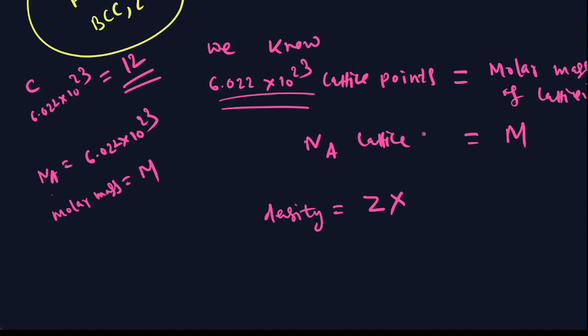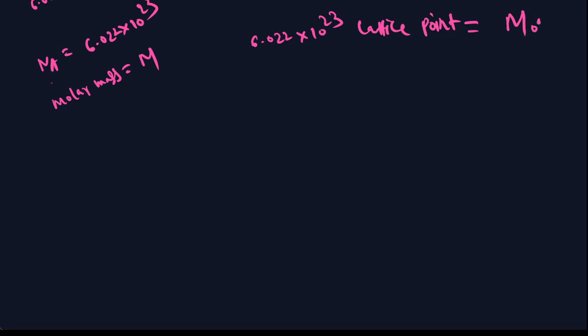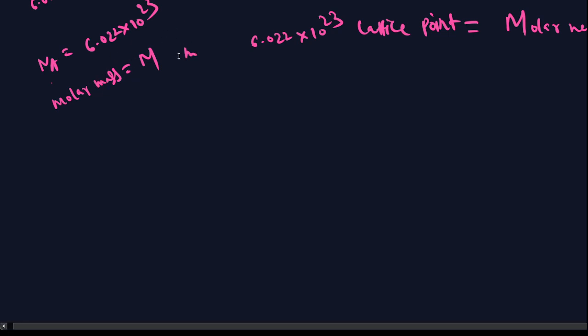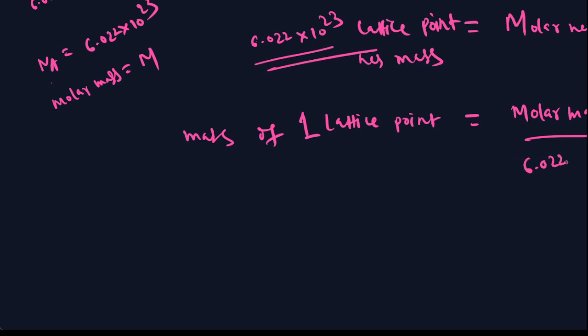Na lattice points have molar mass M, then the mass of one lattice point is equal to the molar mass divided by this number, 6.022 into 10 to the power 23.